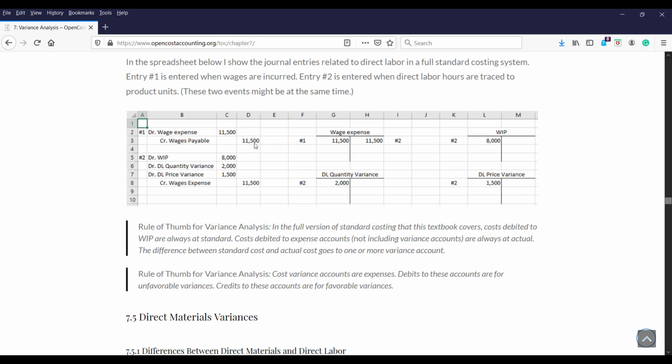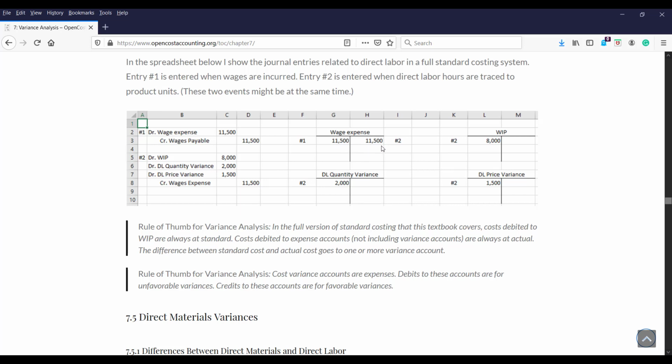We have a wages payable we have to record at actual. They frown on you not recording that at actual. And you debit the wage expense once that happens. But then you turn around and you credit the wage expense. So wage expense ends up being a flow through where it gets debited and then credited out.